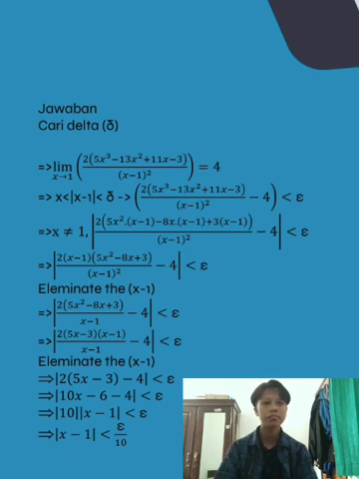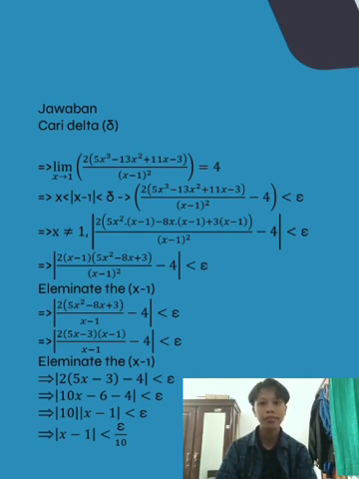We can break down the factorization of the numerator and find that 2 times (x minus 1) times (5x squared minus 8x plus 3) over (x minus 1) squared minus 4 is less than epsilon. Eliminate the x minus 1: equal to 2 times (5x squared minus 8x plus 3) over (x minus 1) minus 4.